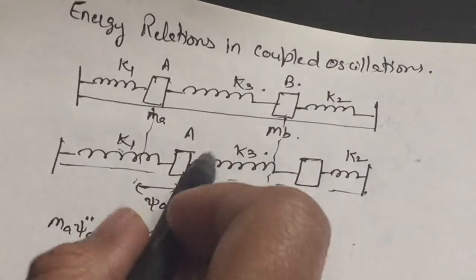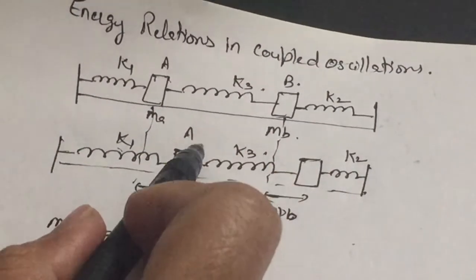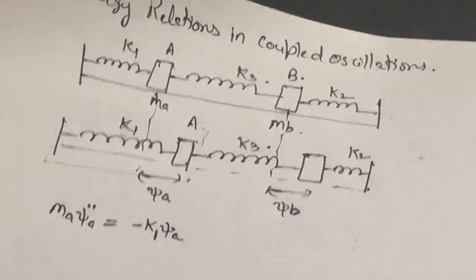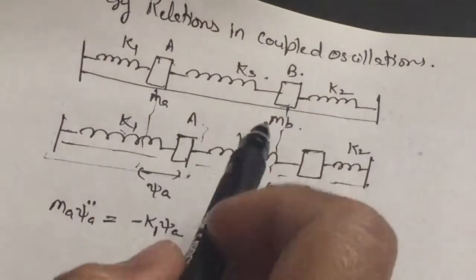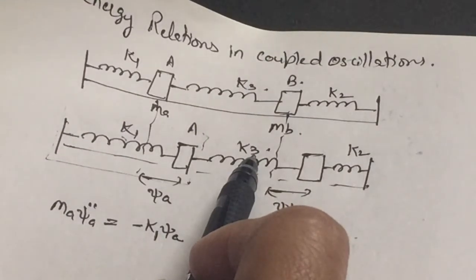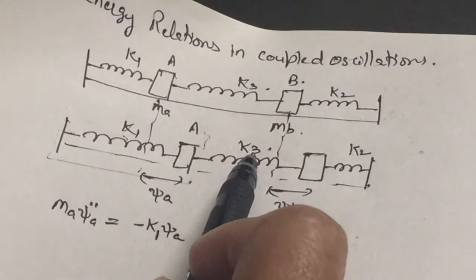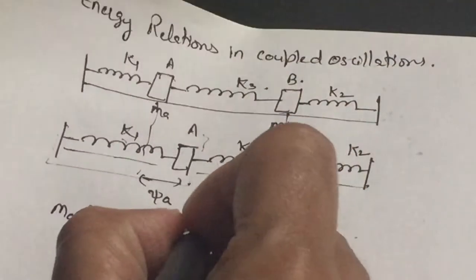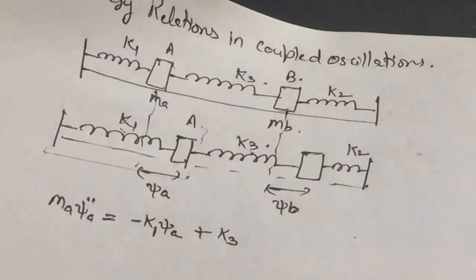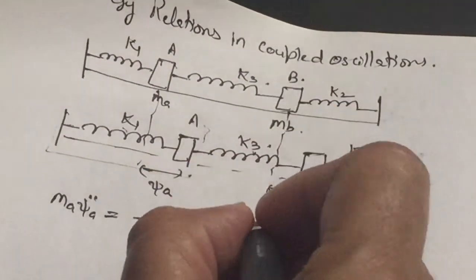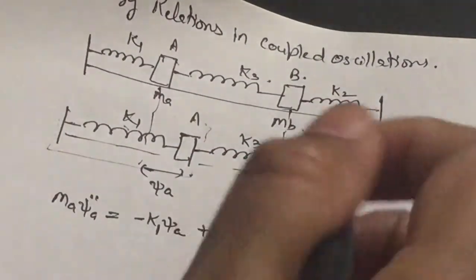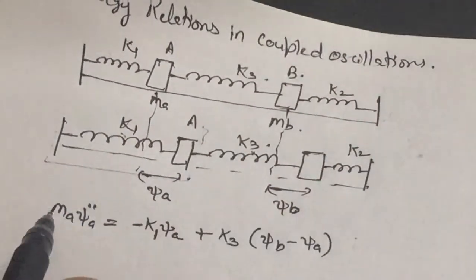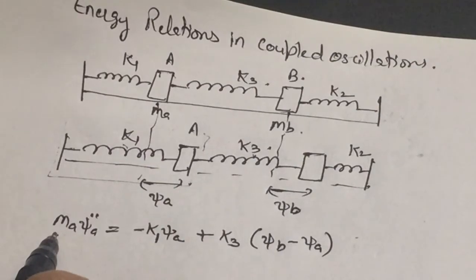If K3 is absent, then we can write the simple harmonic motion of this very system having particle A. But due to the spring K3, there is a change in the motion, or there is an additional applied force on the first particle, and it is due to the coupling of K3, the connecting spring. We will have an extra term which will affect the motion of our first particle.